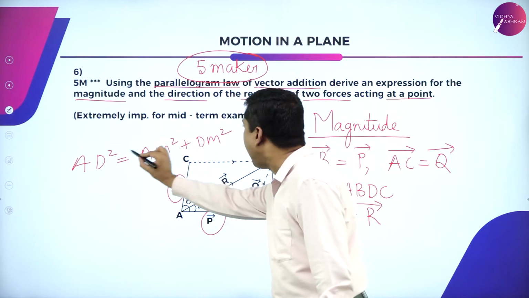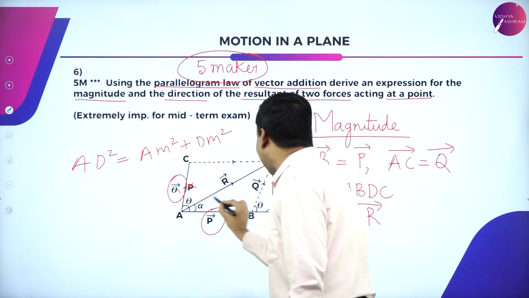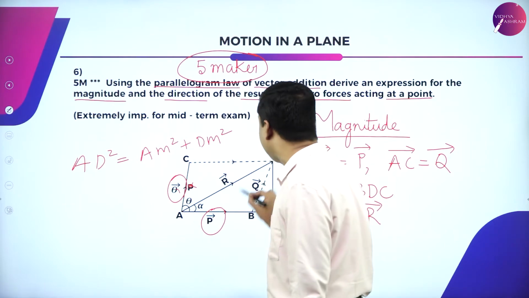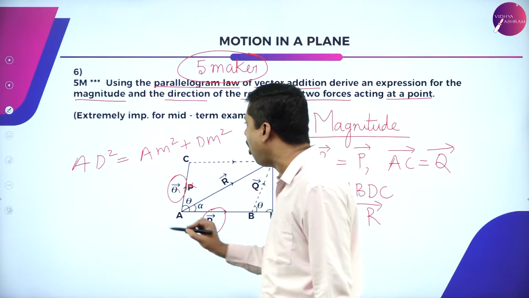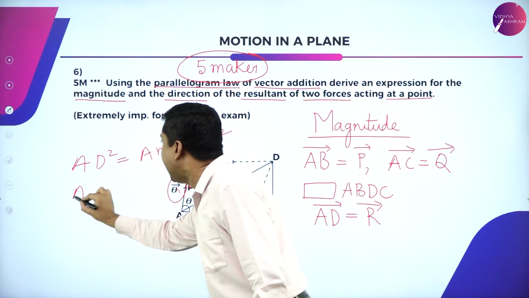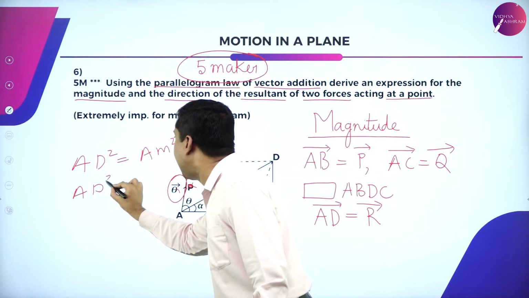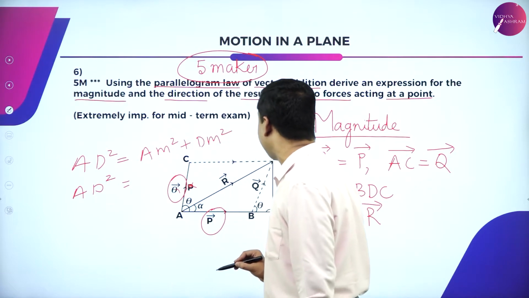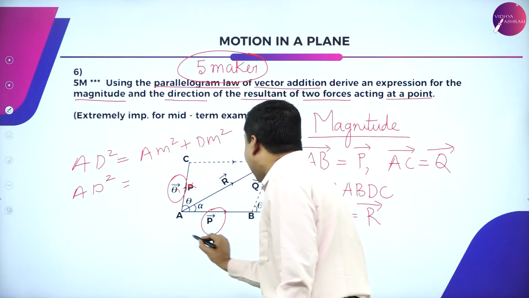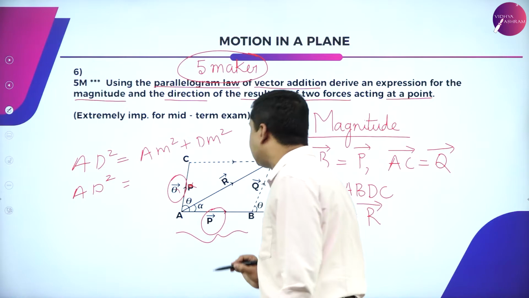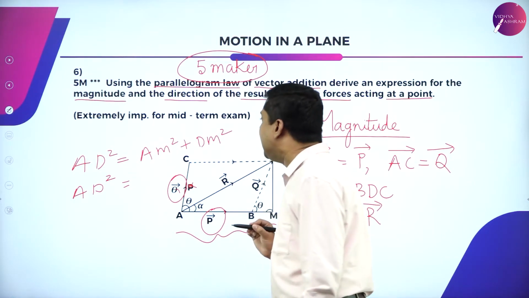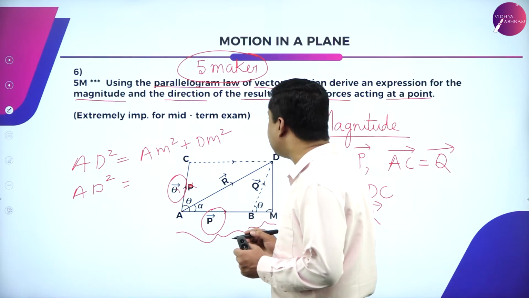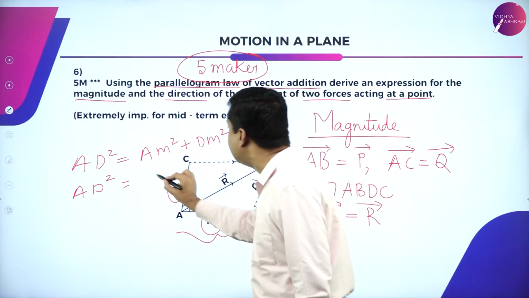AD square is AM square plus DM square, or AD square equals, now this AM can be written as AB plus BM. I am just separating this.